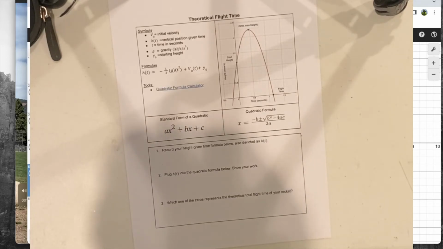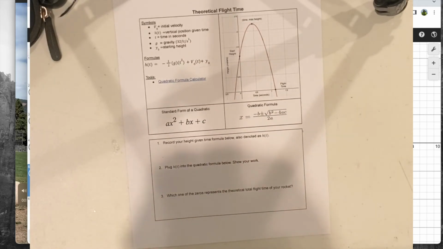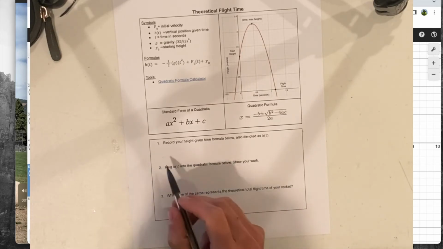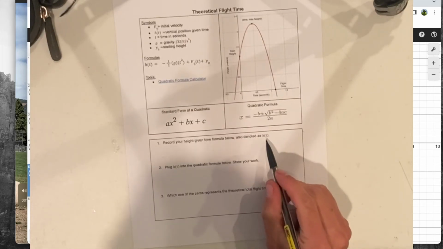The tool I'm going to use is a link to a quadratic formula calculator, a spreadsheet that you just plug in A, B, and C for, and it spits out your zeros. And then we'll go from there. The first part is recording our height given time formula, denoted as h of t.